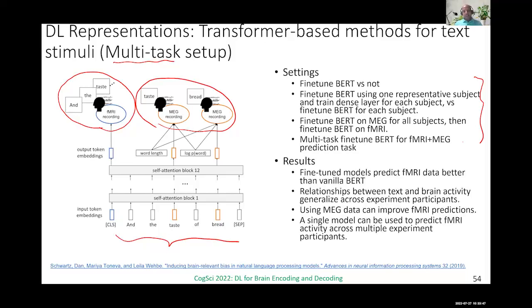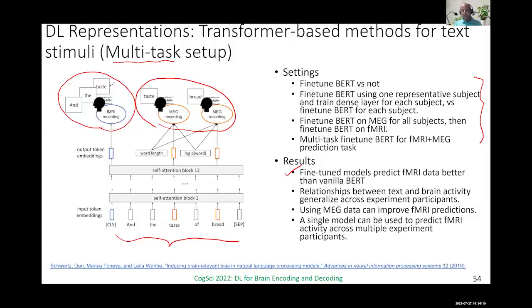Now, there are very interesting results in this paper. Fine-tuned models predict fMRI data better than vanilla BERT. So fine-tuning helps, fine-tuning on the particular data set. With vanilla BERT, you just give the sentence, use the representation, and try to predict the fMRI.